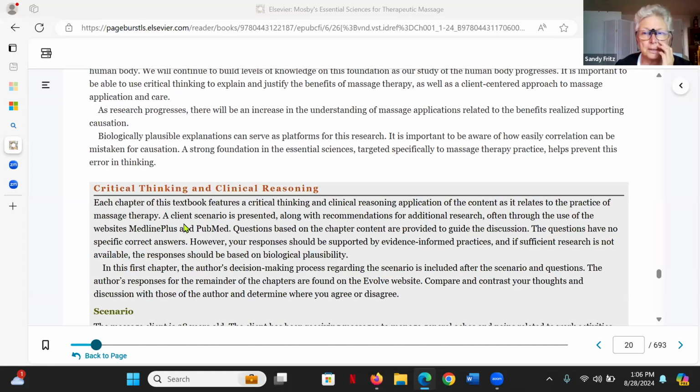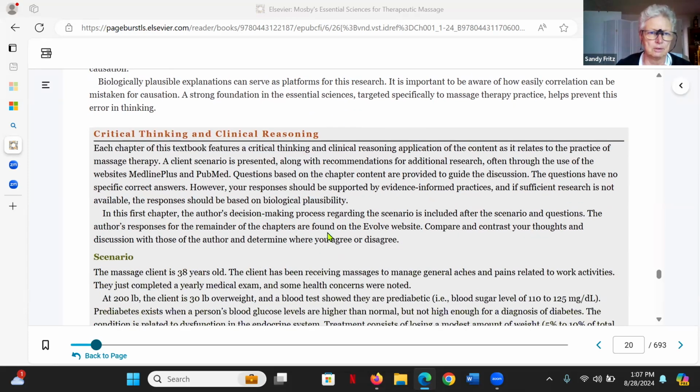And now here's your critical thinking, clinical reasoning scenario. It's gonna give you a little story, and then it's gonna give you guidance on how to do a literature search and come up with a biologically plausible approach.